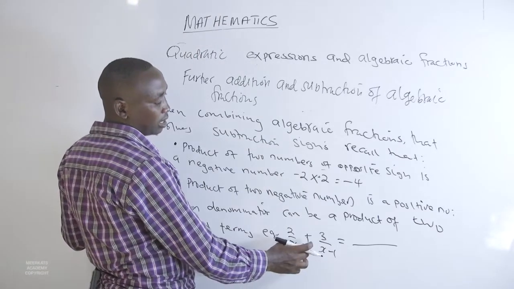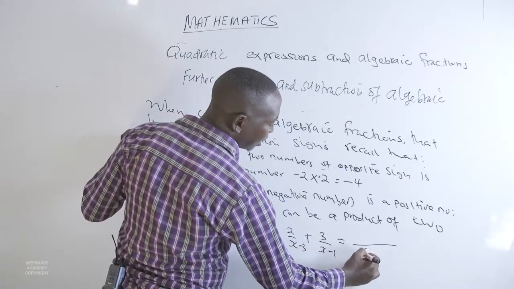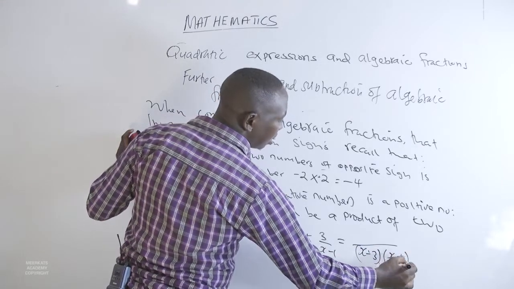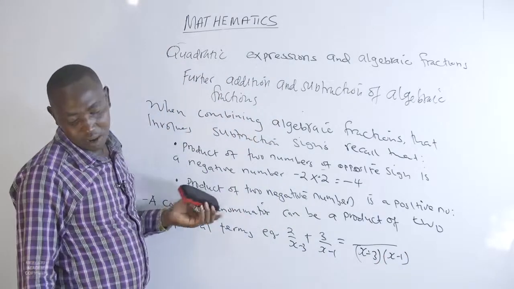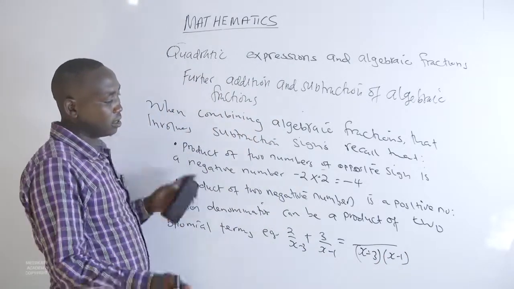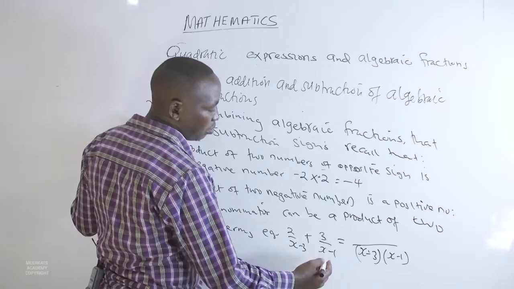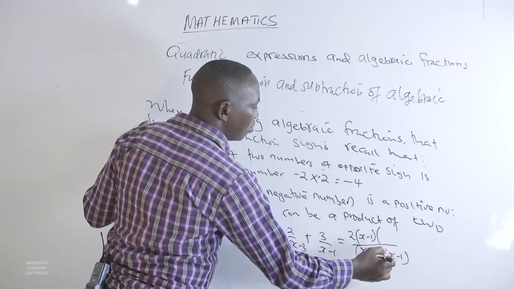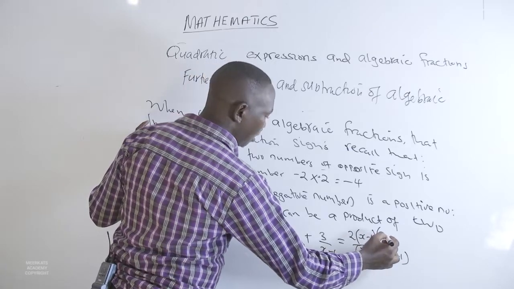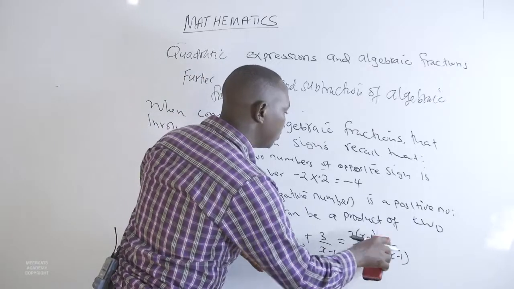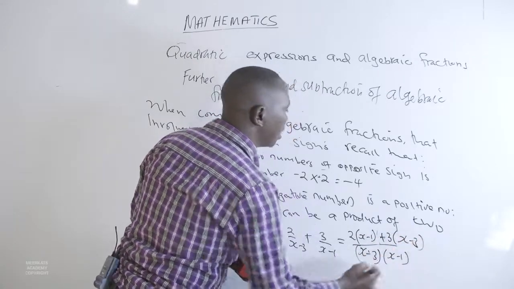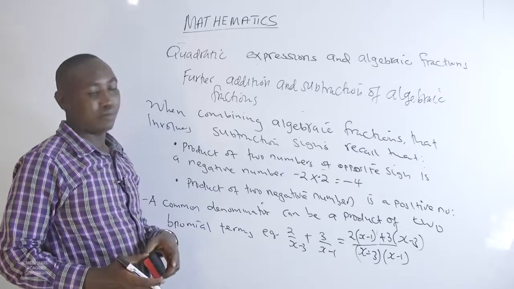That is, you simply take this term times this term, x plus 3 multiplied by x subtract 1, and then the numerator will be 2 into x minus 1, added to 3 into x plus 3.